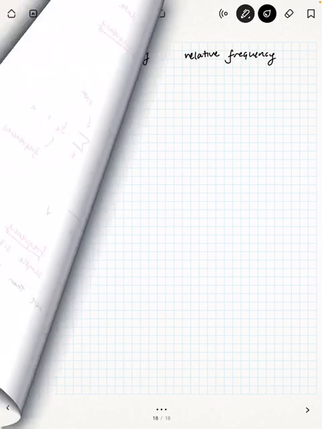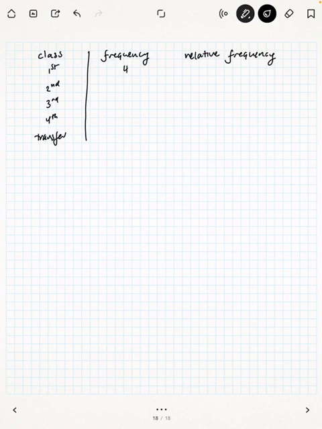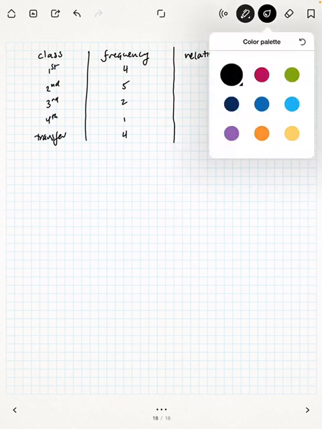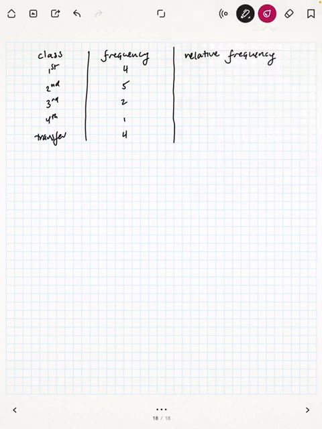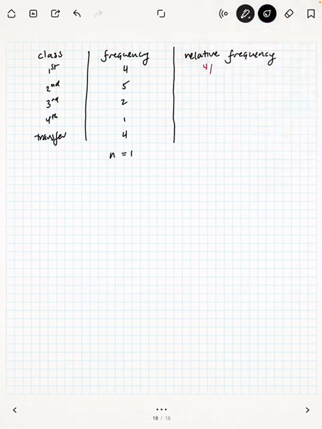Okay, and we said there were 4, 5, 2, 1, and 4. And so we'll bring that down again. And to calculate each relative frequency, we're going to compute that frequency divided by, remember, the sample size. We said n equals 16.